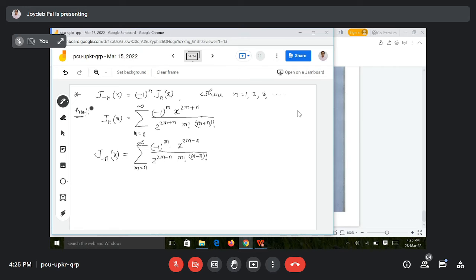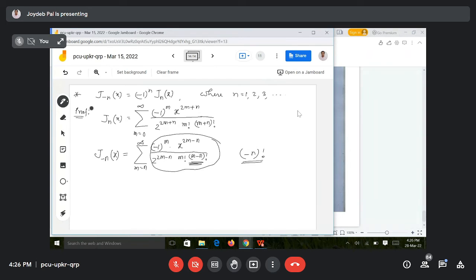Look, if you think of m from 0 to infinity and put m equal to 0, is that term valid? No, sir. That term will be minus n factorial, right?